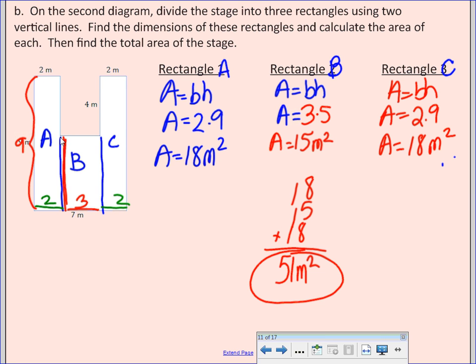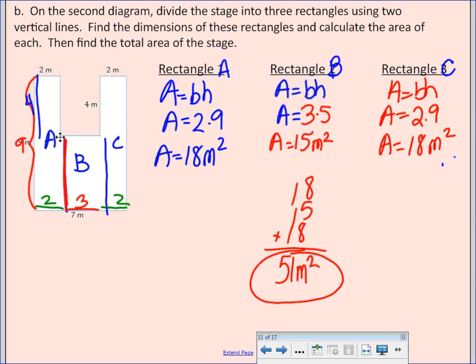So if this part is 4, what's left here? 4 plus what's going to give me a total of 9? So that's where the height of 5 came from. Good? That was a great question. Those are the types of questions you should be asking. Anybody else have a question about where any of those numbers came from?